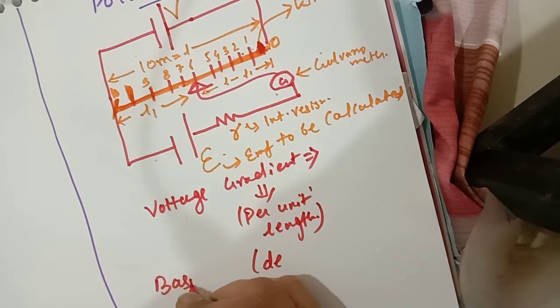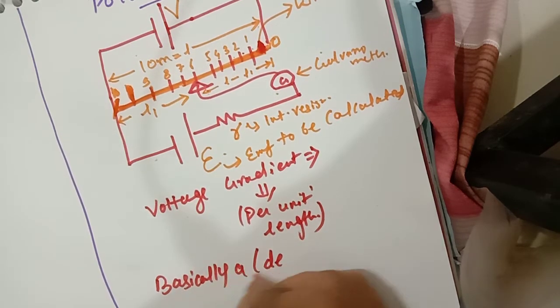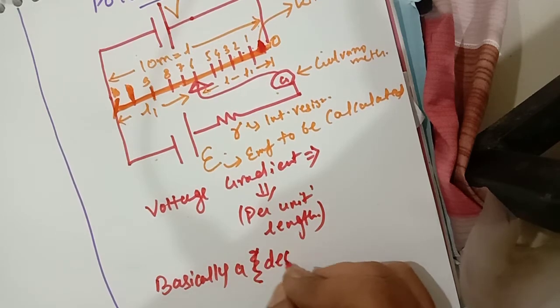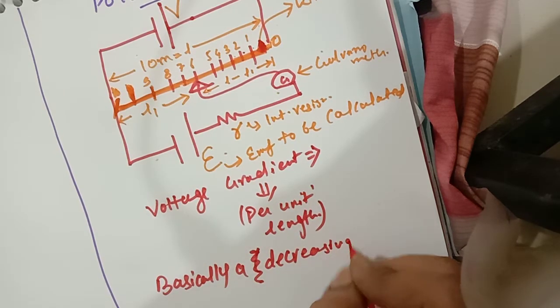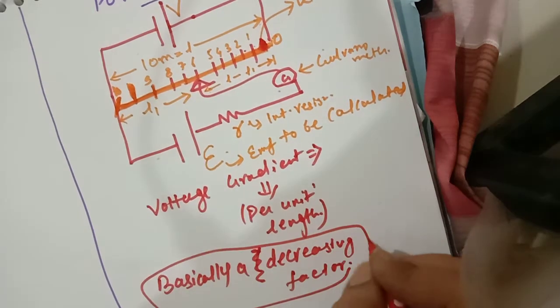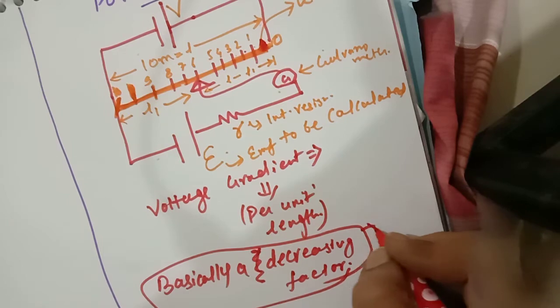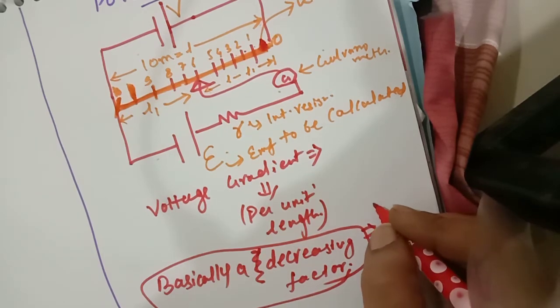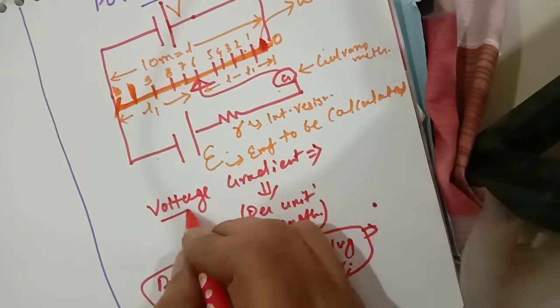What does it mean, basically a decreasing factor? First understand what is voltage gradient.